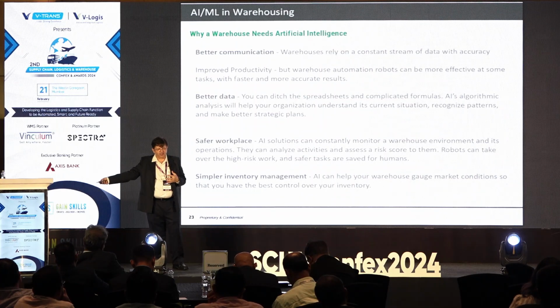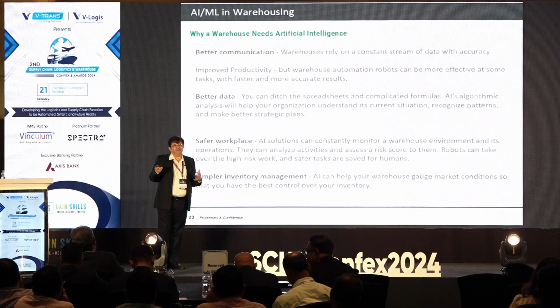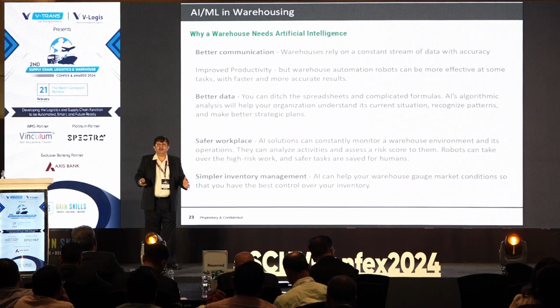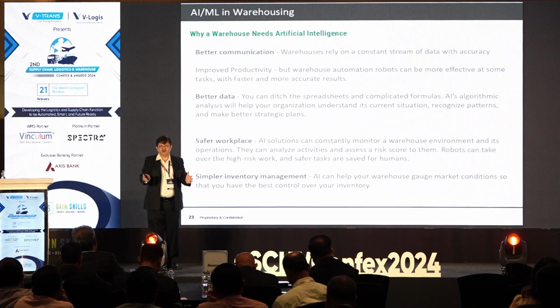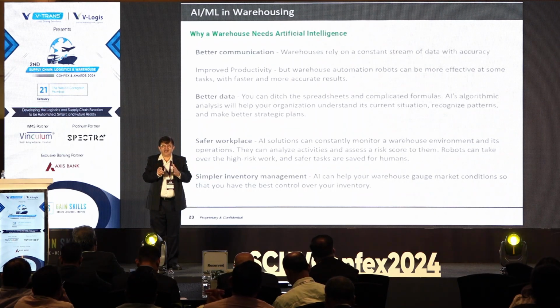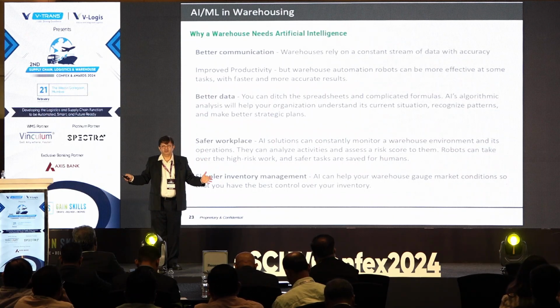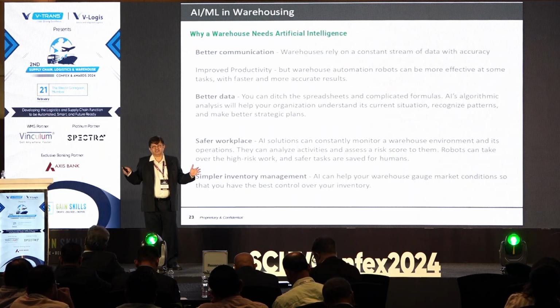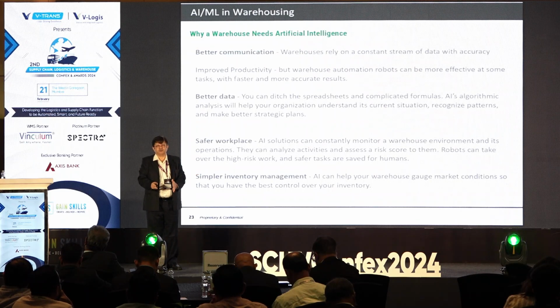So that's very important: a safe workplace, and more importantly, safer inventory management. And when I say inventory management, not only the inventory which is in the warehouse, but also the inventory in the entire enterprise system. Right? So we are talking about the entire enterprise system, not restricting it to the distribution center.